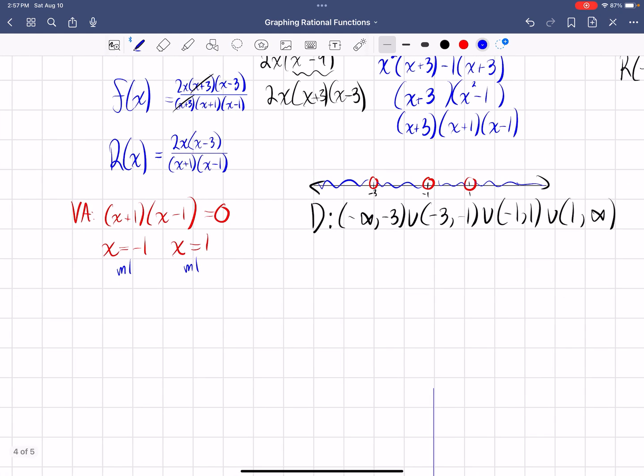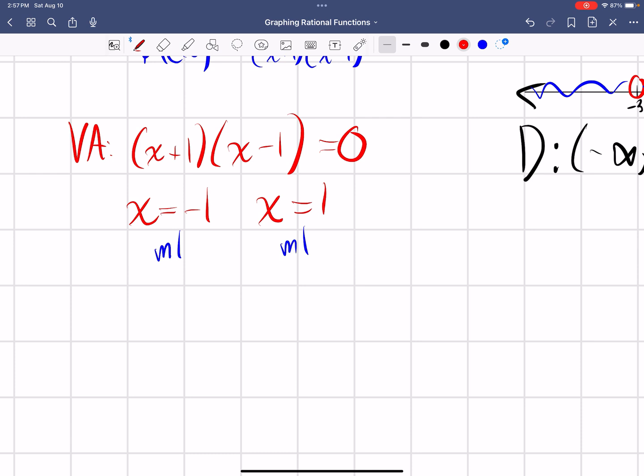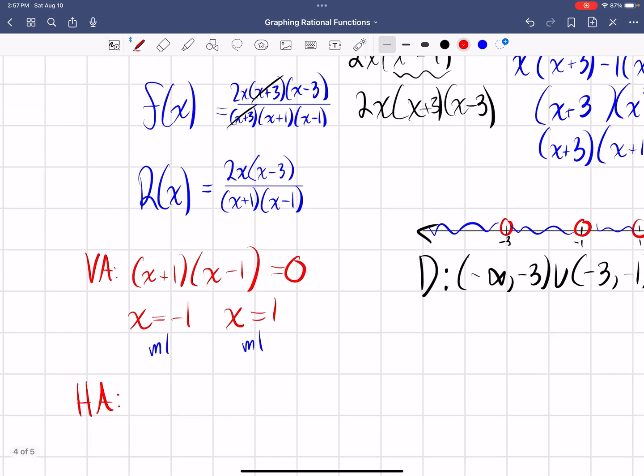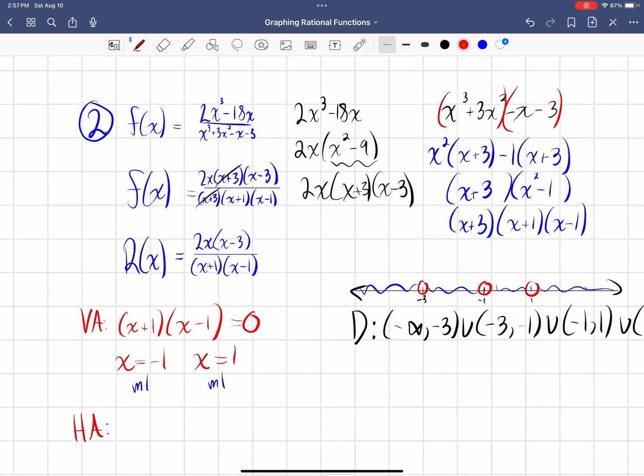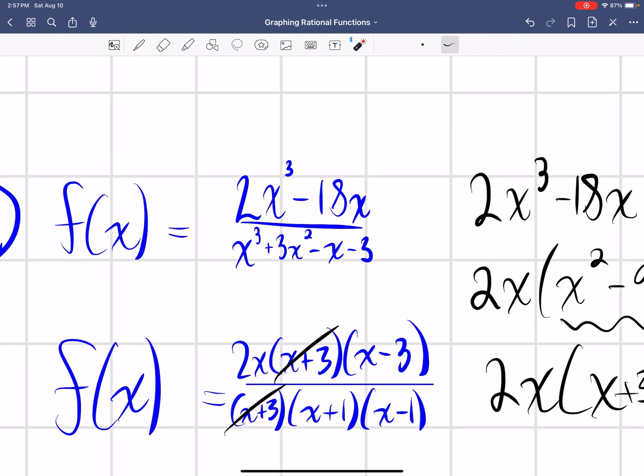Next up is the horizontal asymptote. To find that, we compare the degree of the numerator and denominator. And we can do it in the original function or in the reduced. To be honest, it's actually probably more convenient to look at the original function here. What degree is the numerator? Third. The denominator? Also third.